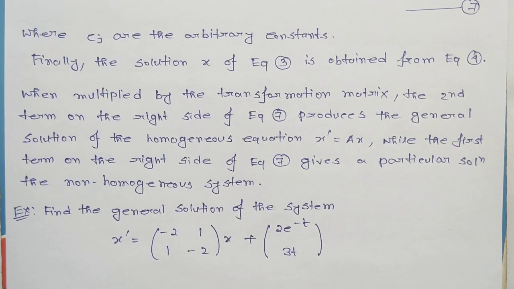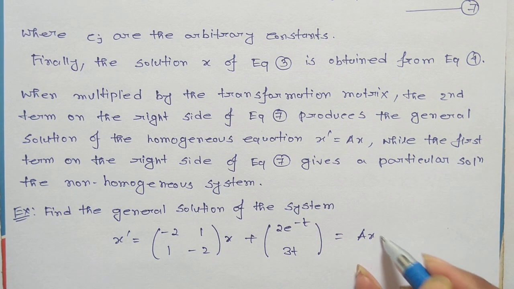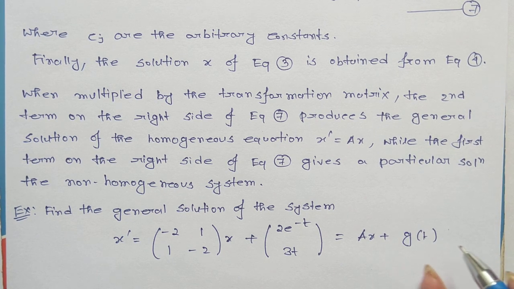So let's say this is our matrix A and this is our g(t), so Ax plus g(t). Let's say this is our 1.